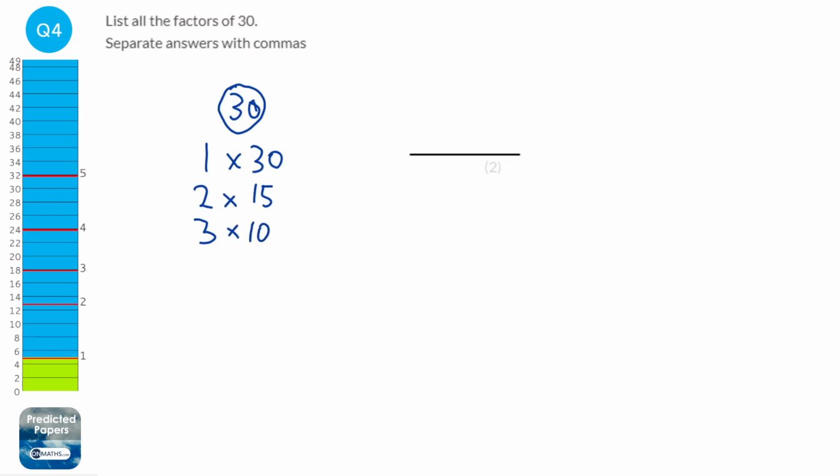Now 4 doesn't go because 30 is not in the 4 times table. 5 times 6, and we notice that if we pick 6, it's just going to be 6 times 5, it's just going to be the opposite. So the factors are all the numbers that we've just written down, so it would be 1, 2, 3, 5, 6, 10, 15 and 30.